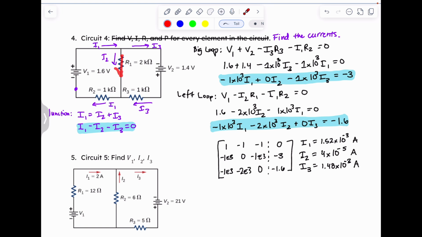I2 is going through R1, so that means the current through this 2000 ohm resistor is 0.04 milliamps, 4 times 10 to the -5 amps. And then the current through this resistor is I3, 1.48 times 10 to the -3 amps. Once we have all these currents, then we can go through and we could find the individual voltage drops across each resistor.